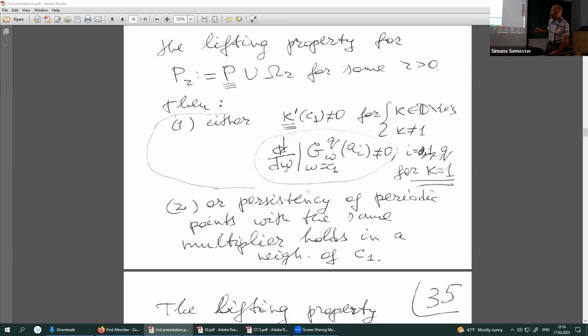I just wrote it separately. And for example, for the quadratic family, in the real case, a primitive component corresponds to this k being 1. For the quadratic family, it means that this is non-degenerate, which implies that all these small copies of the small primitive hyperbolic components are in the same direction.